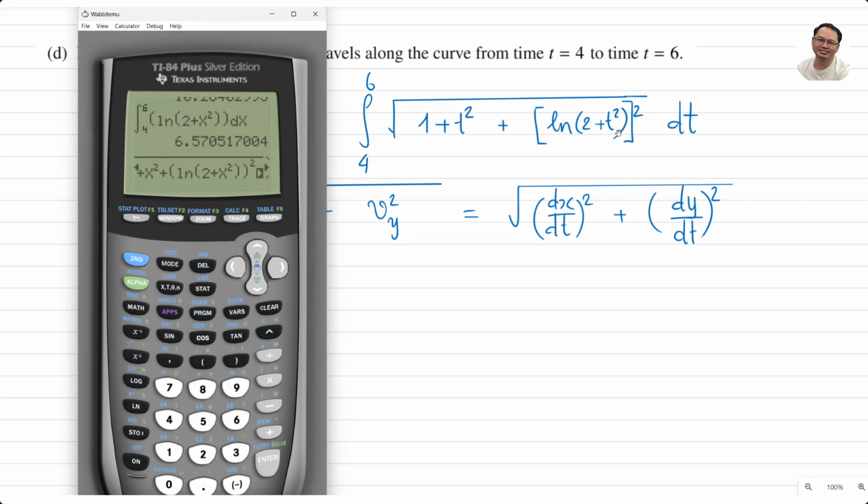Square of the ln, and finally define the infinitesimal dx, and we will get the result, which is 12.14.